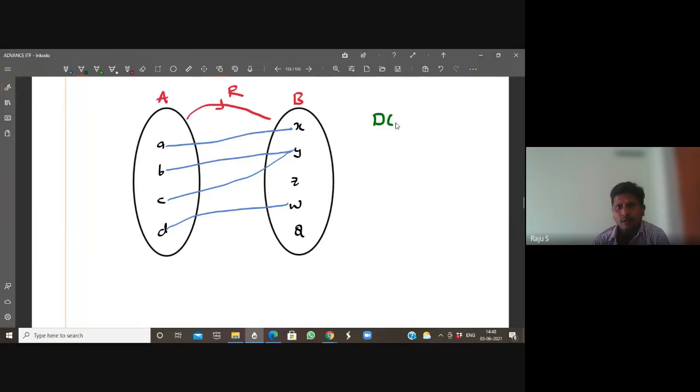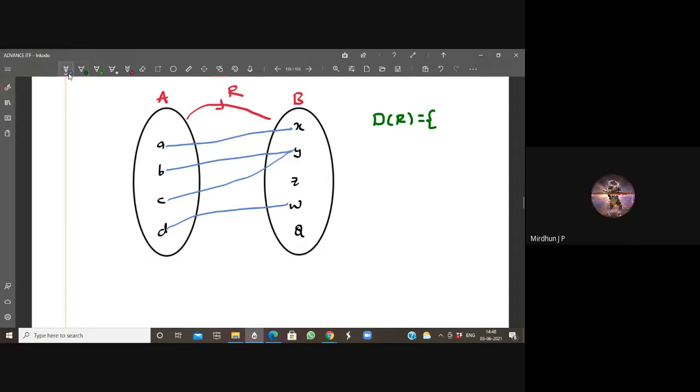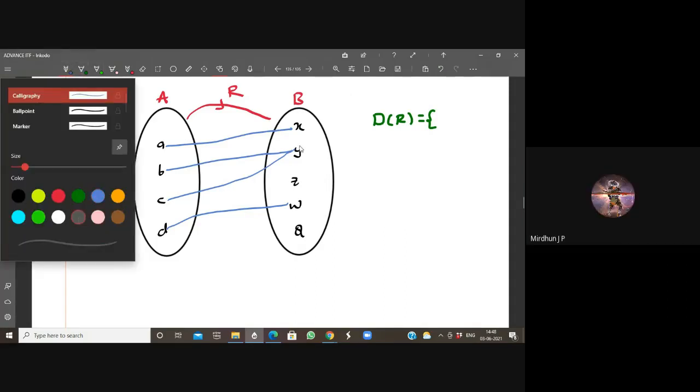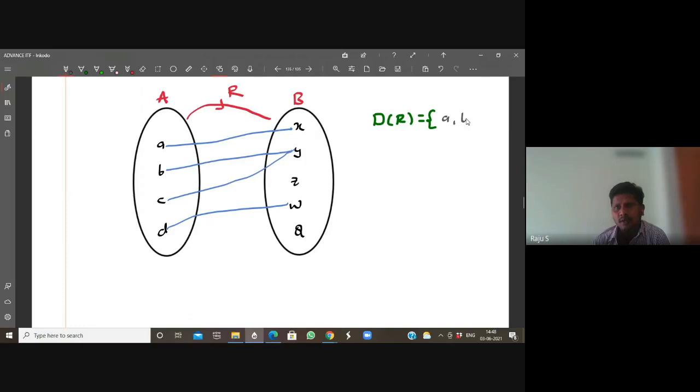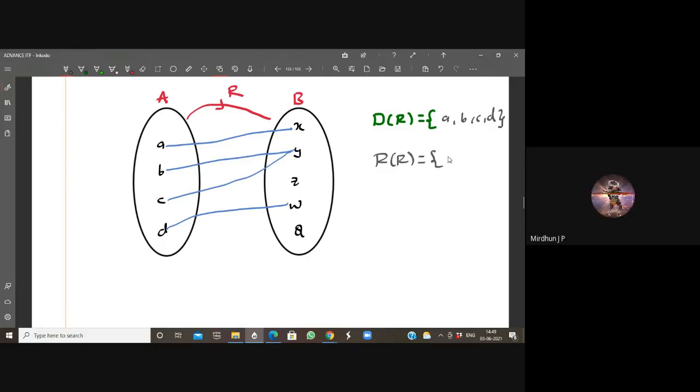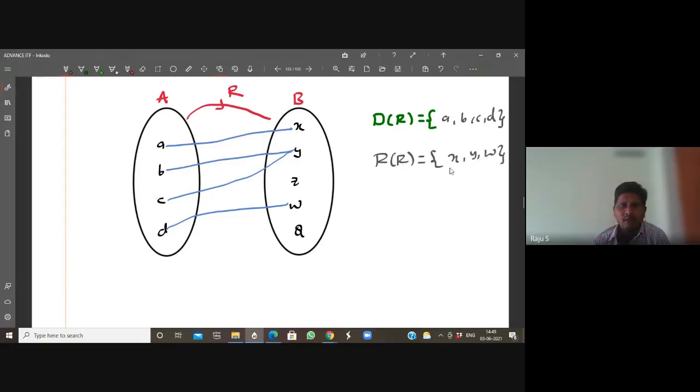What is the domain of the given relation? What are the elements? Domain. A, B, C, D. Yes, the domain is clearly A, B, C, D. Fine. Range of the given relation R: Y, X, W. Yes sir, X, Y, W. Am I right?